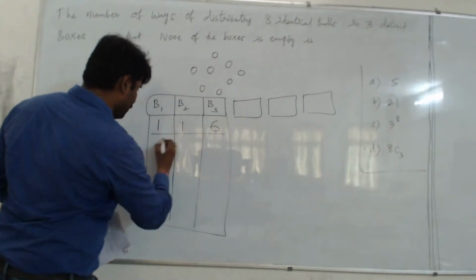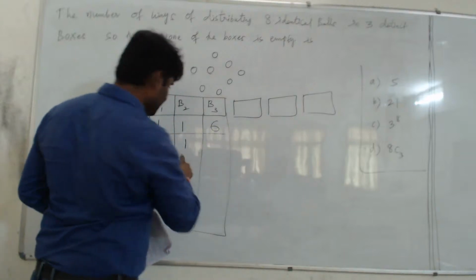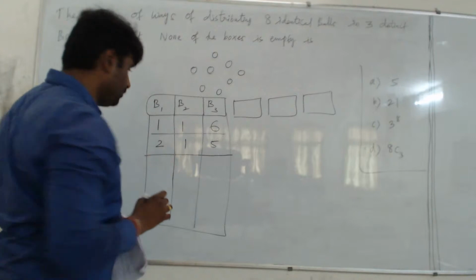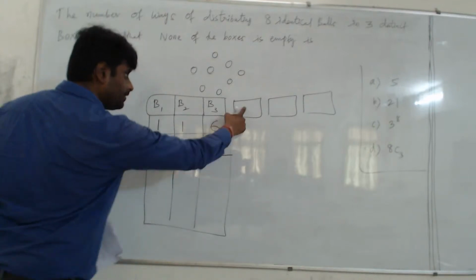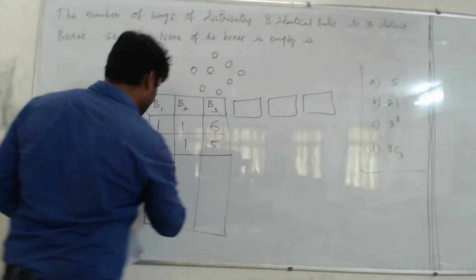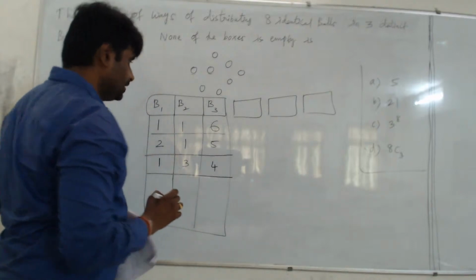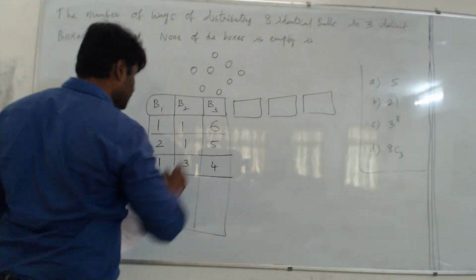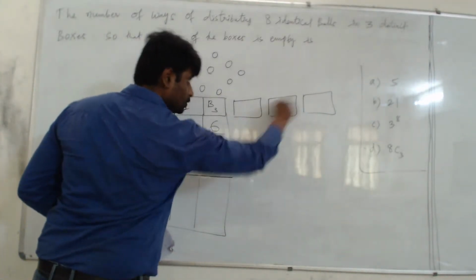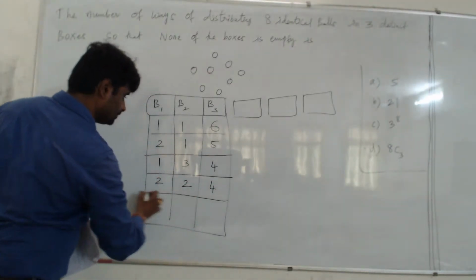Now here we can put 2 balls. Here one ball, suppose. Here how many remain? 5. Okay. And more. Here one ball, here 3 balls. Remaining 4. 1, 3, 4. Okay. Now more. Here 2 balls, here 2 balls. 4 plus 4. 2, 2, 4.